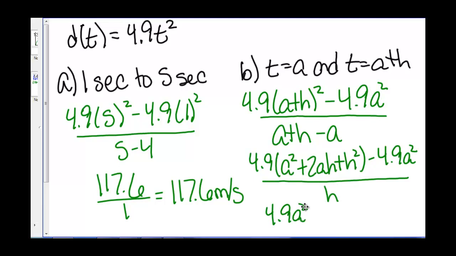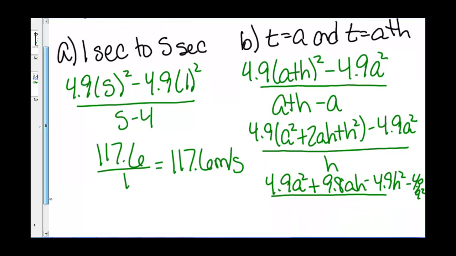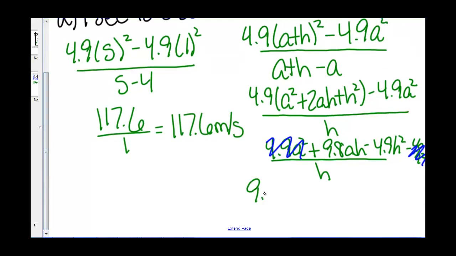So now we have 4.9a squared plus 9.8ah plus 4.9h squared minus 4.9a squared all over h. So these two 4.9a squareds cancel out, and we're left with 9.8ah plus 4.9h squared all over h.